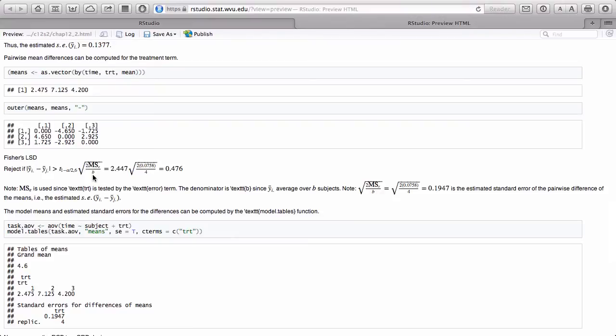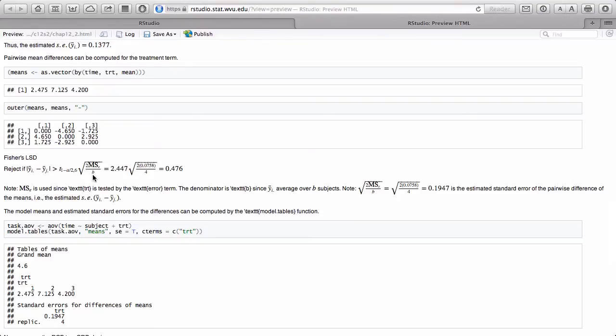Well, you're going to use the MSE, the error mean square. And since the sample sizes are the same, it will be 2 times the error mean square over b, because I'm averaging over the b subjects. B is 4. I'm averaging over the 4 subjects. So in this case, I simply have t times the square root of 2 times the mean square over b, and that's 0.476. And the standard error itself is 0.1947.